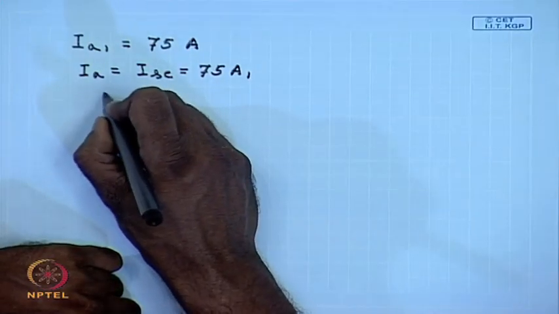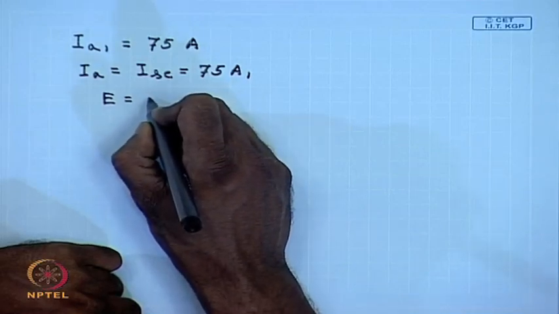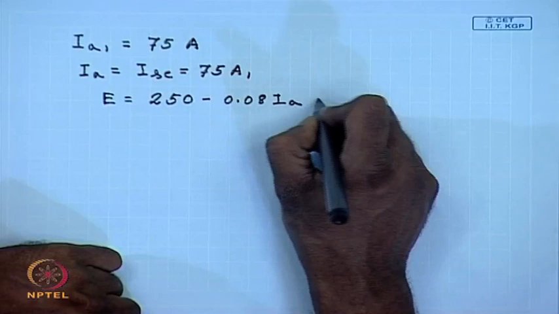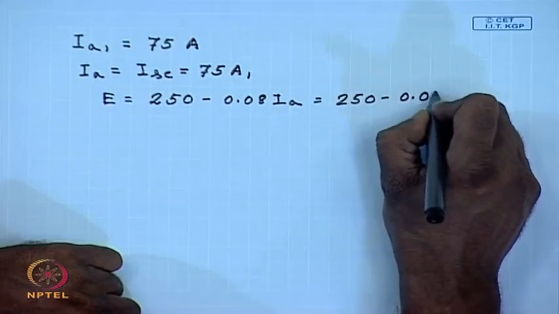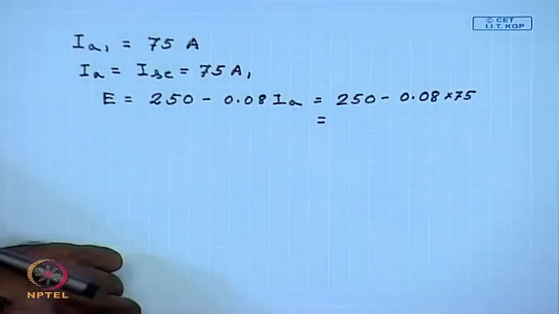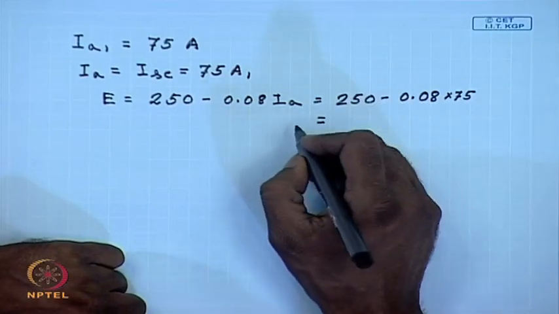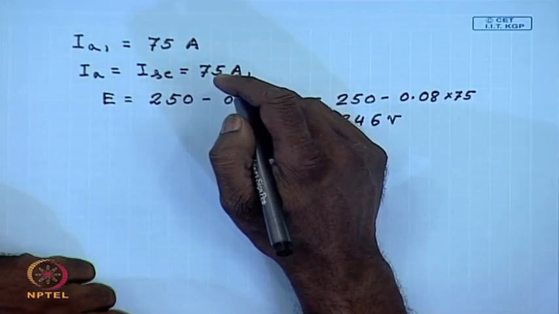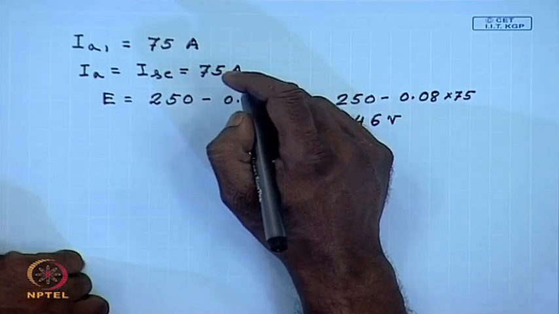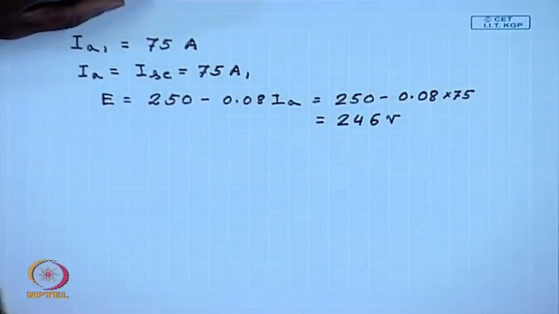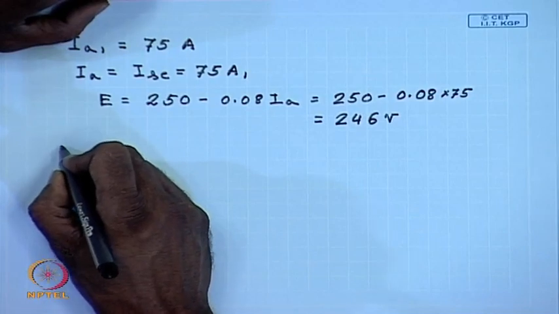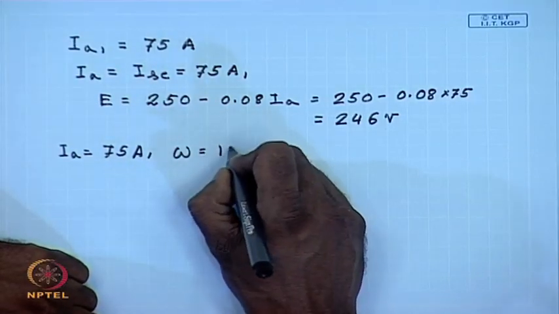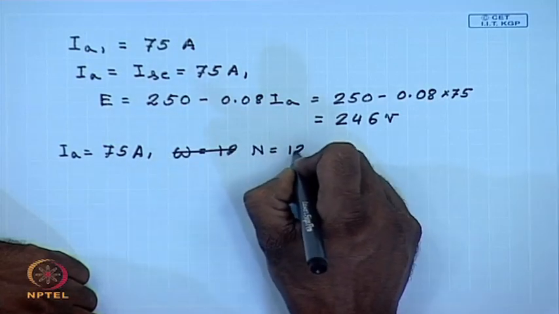Then E will be equal to, we know, at 75 amperes, IA equal to 75 amperes and omega equal to n equal to 1200 RPM.